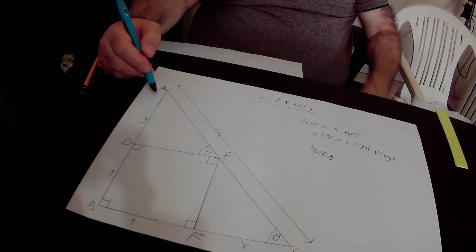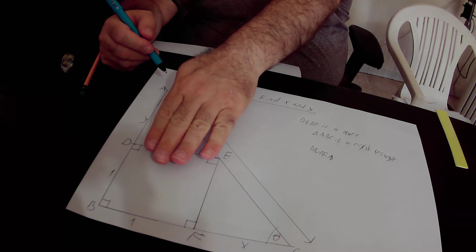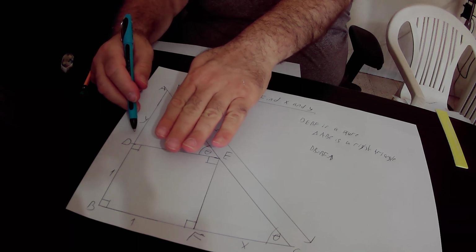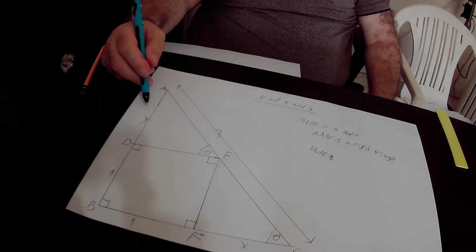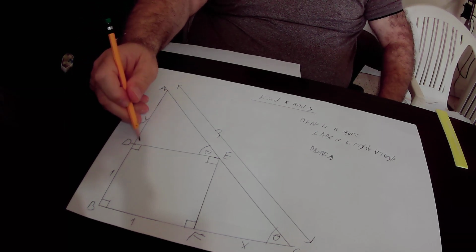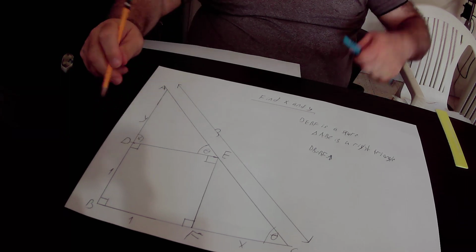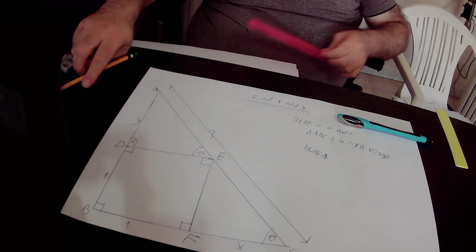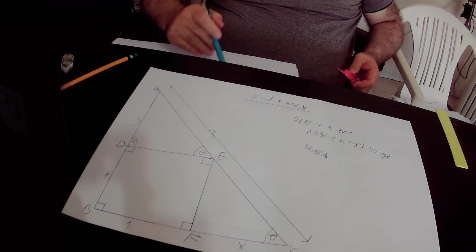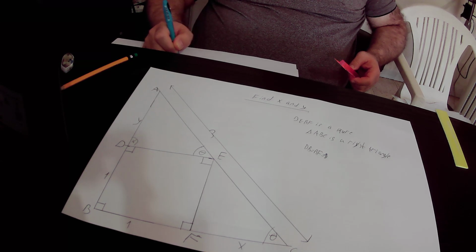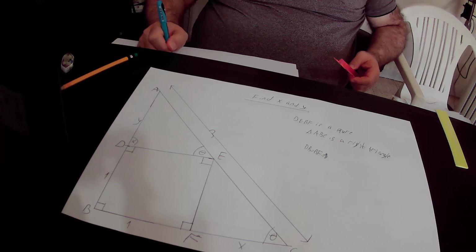So if we focus on this side of the straight line AB at point D, then the sum of the angles must be equal to 180 degrees. If we define this angle as angle X, then at point D on this side, X plus 90 degrees must be equal to 180 degrees. This is according to rule number 2.